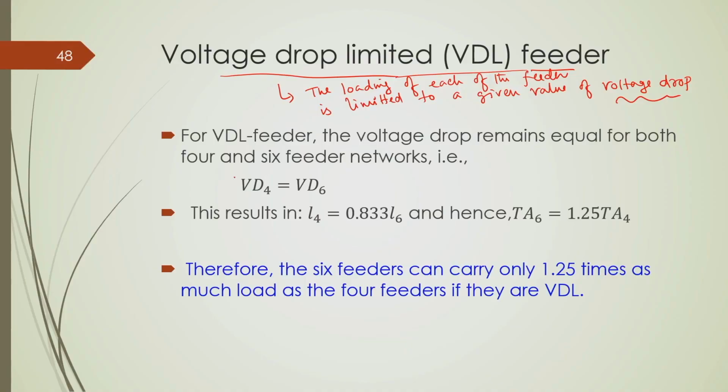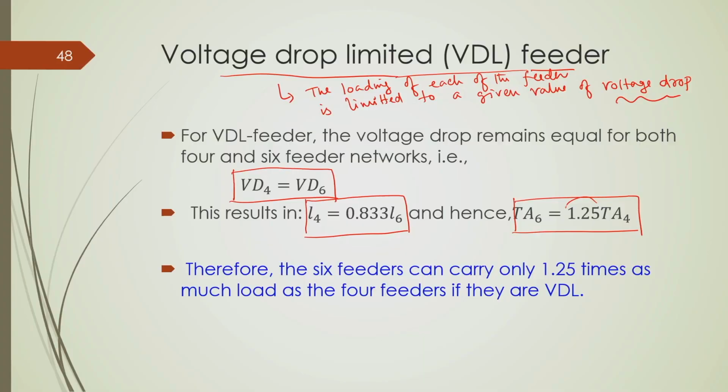So, under this case the voltage drop expressions for both examples should be equated, and this gives you a relationship for the length of the feeder for 4 feeders and 6 feeders, and in a similar way you will get the total area served by 6 feeders and 4 feeders. That means, one is hexagonal service area, another is square service area, and that comes out to be a factor of 1.25 times.